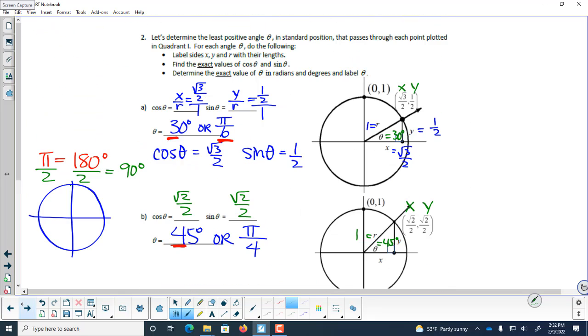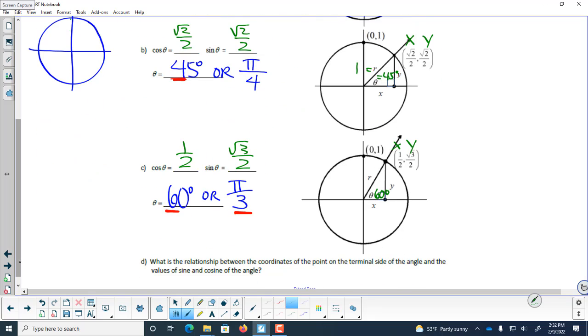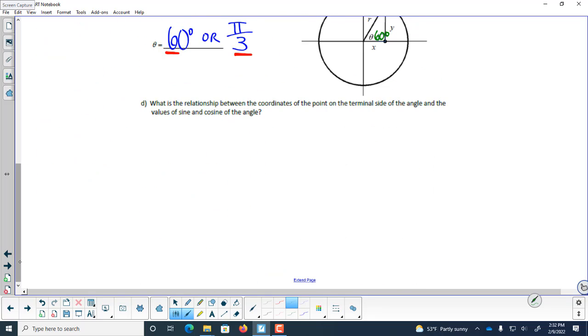Okay? So what is the relationship between the trig function value of the angle and the coordinates of the point on the terminal side? Sine is equal to y. Okay, the y coordinate is the sine of the angle. What else, Jack?